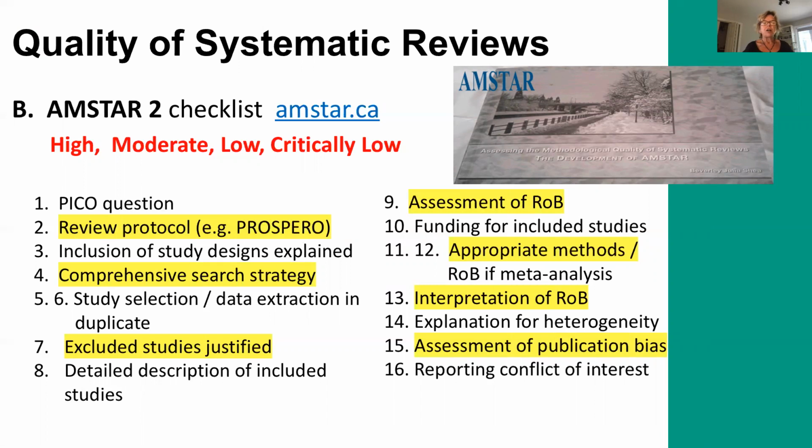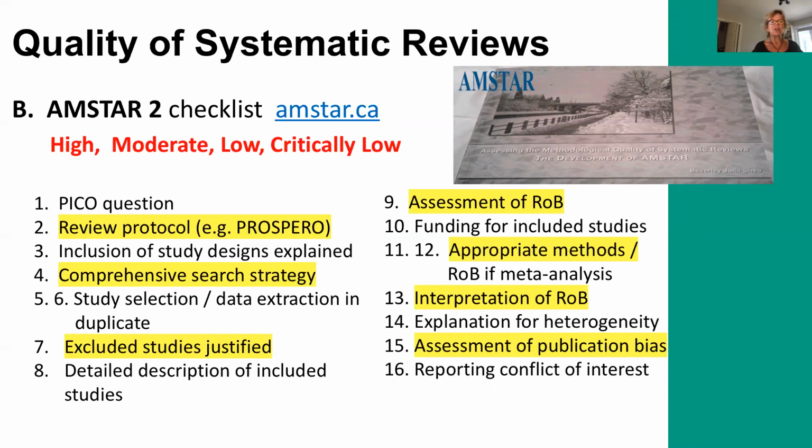There are 16 criteria that they consider in terms of evaluating a systematic review. The ones I have highlighted in yellow here are the critical domains. So if any of these were lacking, it could move the appraisal of the systematic review from high to moderate to low to critically low.